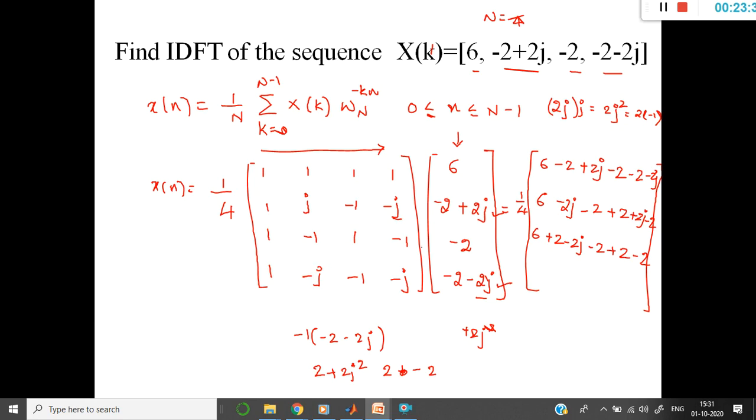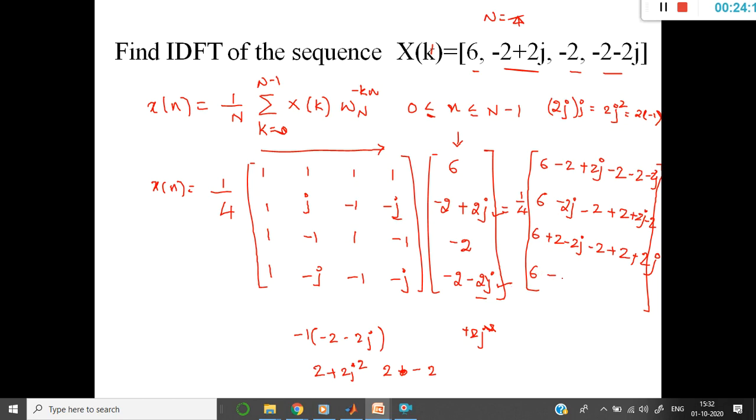Correct. This is correct. And here, multiplication 1 into 6 is 6. Minus 2 is plus 2. Minus into minus, minus 2j. 1 into minus 2 is minus 2. Minus 1 into this one is plus 2. And this will be plus 2j, correct. This will be plus 2j. Okay, fine. This is once again 6, minus j is to be multiplied with minus 2 plus 2j.